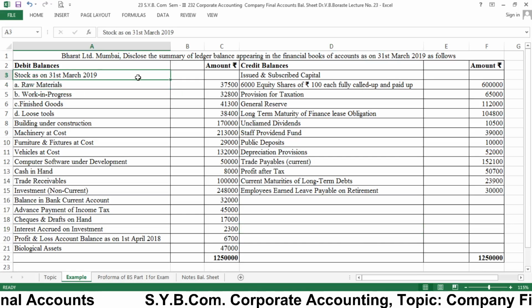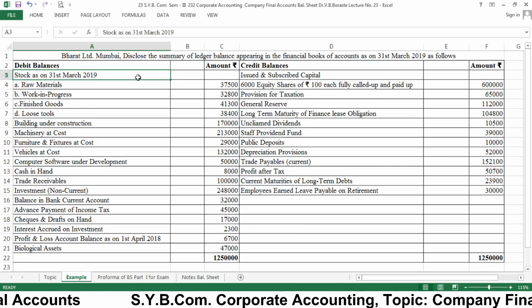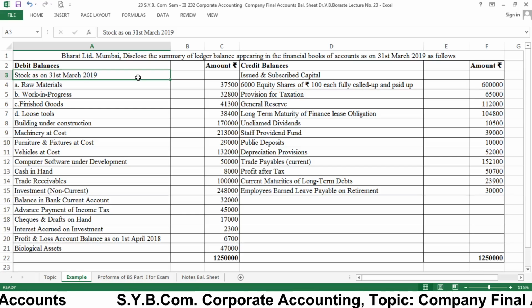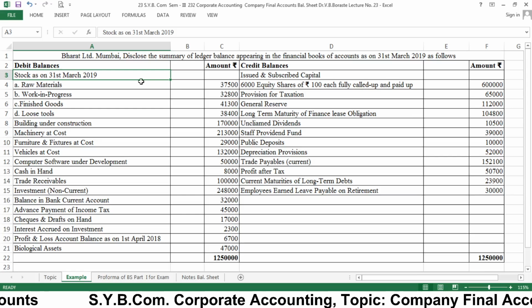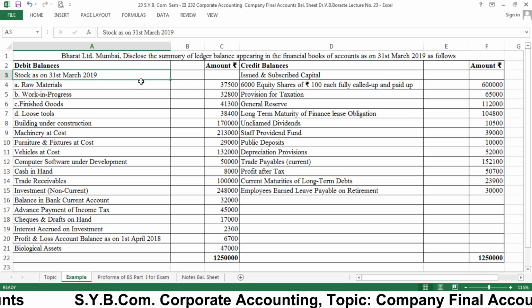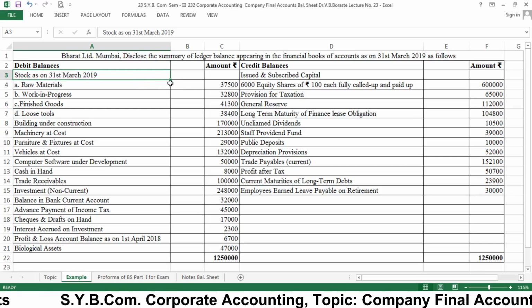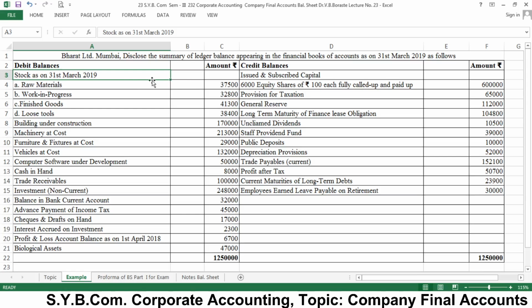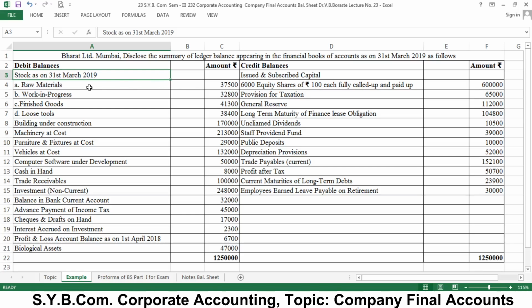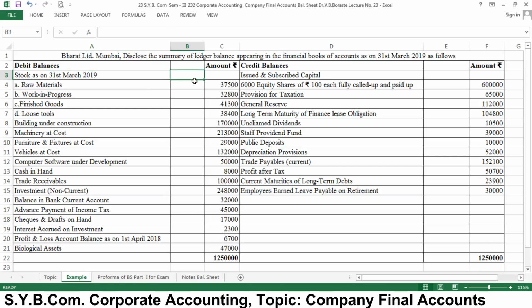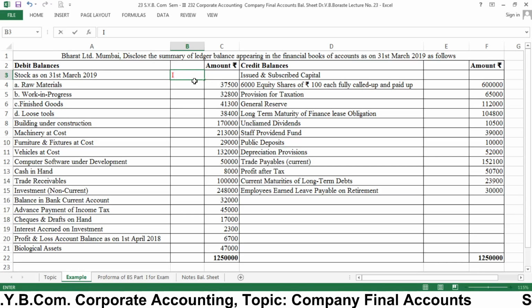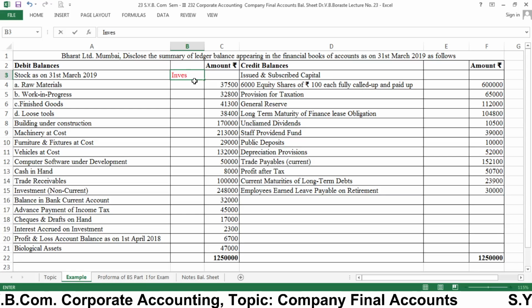So first of all, the first item on the debit side of the trial balance, or we can say the balances which are mentioned over here, we have to choose, and we have to write something in front of these items. So the first one is stock as on 31st March 2019. That means the item of stock will be posted in the note as inventories.